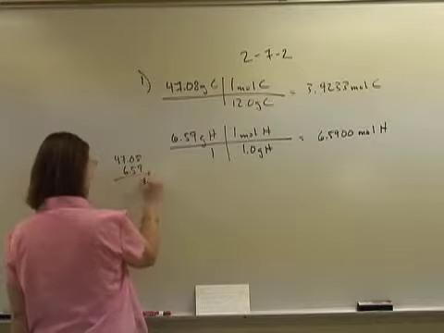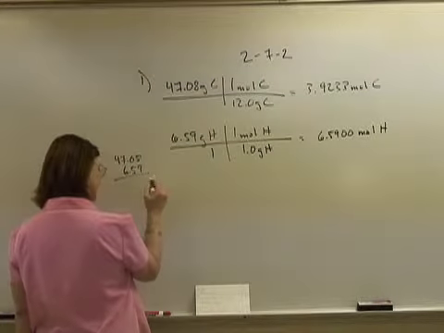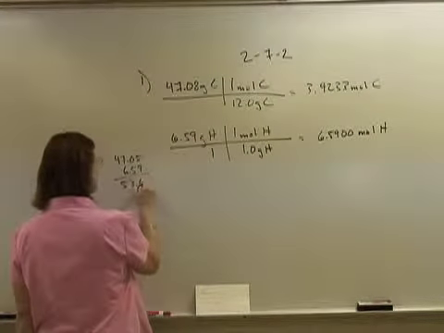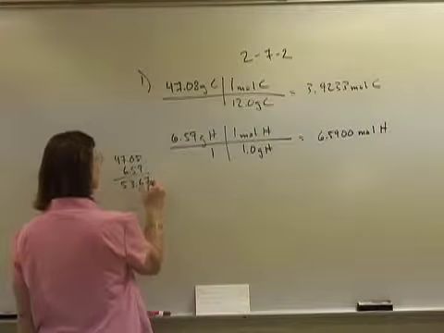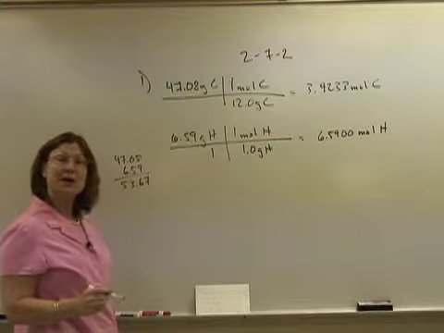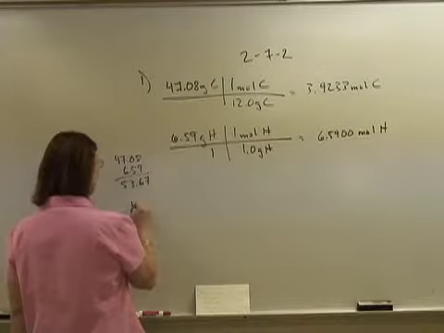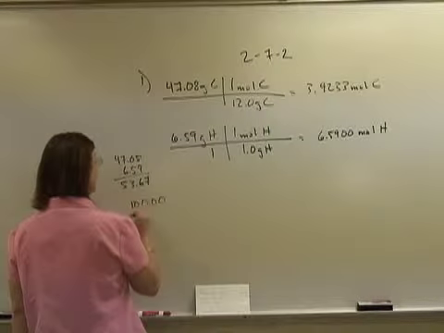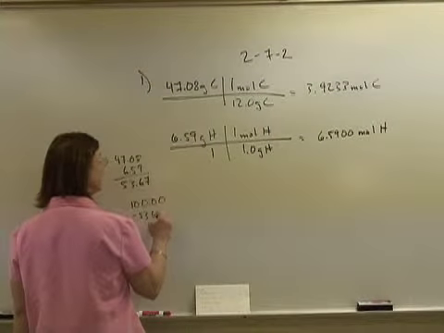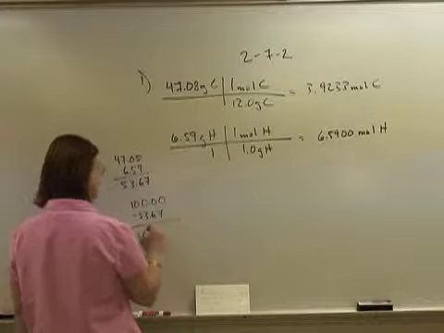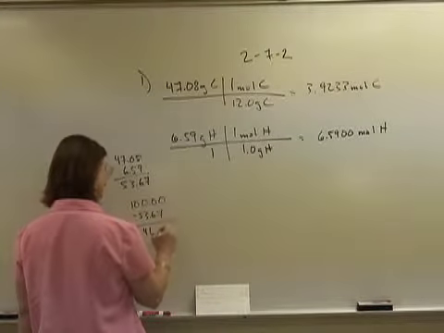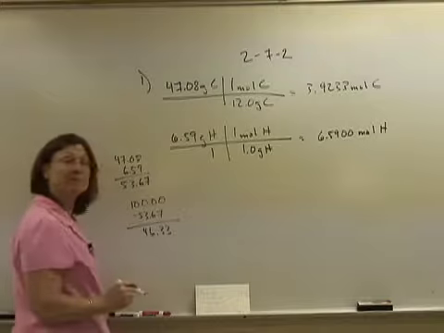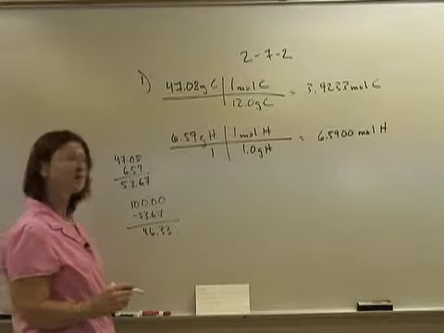I will add them together, and that gives me 53.67. And then I know I had 100%. I take my 100 and I subtract the 53.67 to get my amount of chlorine. And I have 46.33 grams of chlorine.